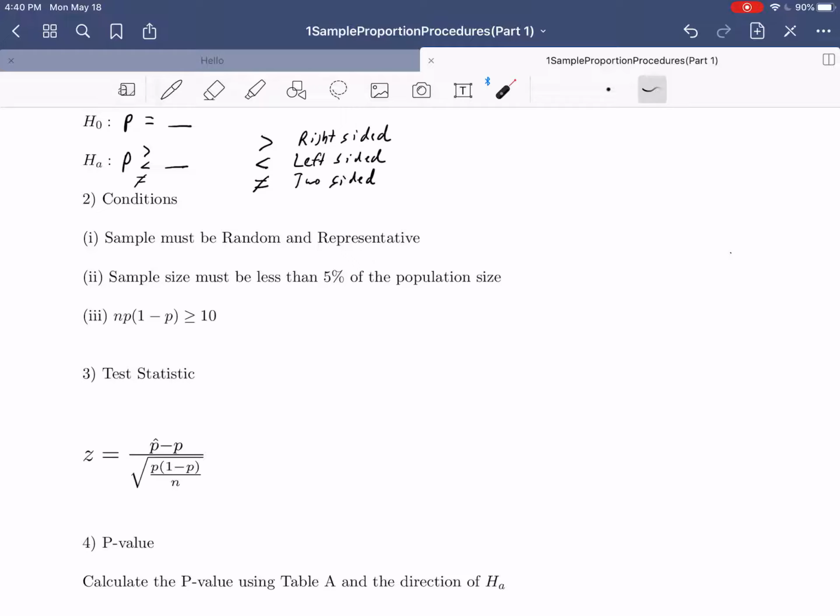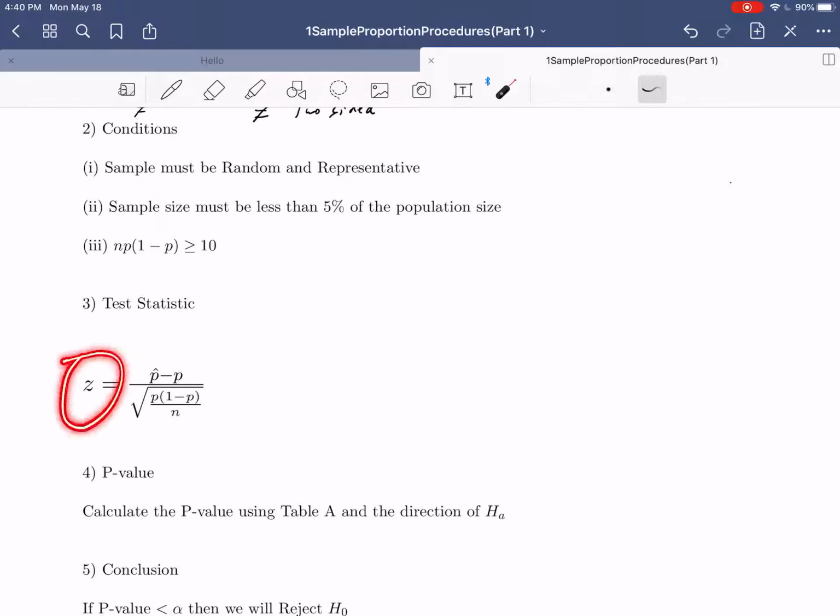Well, that introduced some extra variability, and the t-distribution was exactly the right distribution that had enough extra spread to mimic that extra variation. Well, when we're working with categorical data, there is no standard deviation. Population, sample, that's a concept that doesn't make sense when we're talking about categorical data. So there's no need to do that estimate, so there's no need for this to be a t-test statistic.